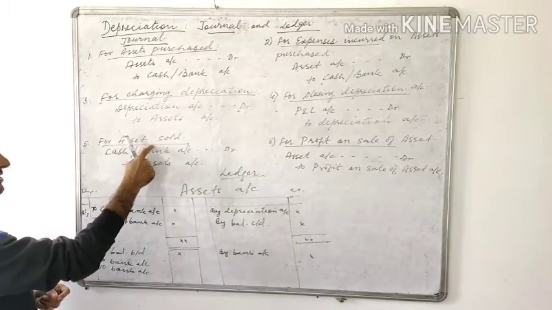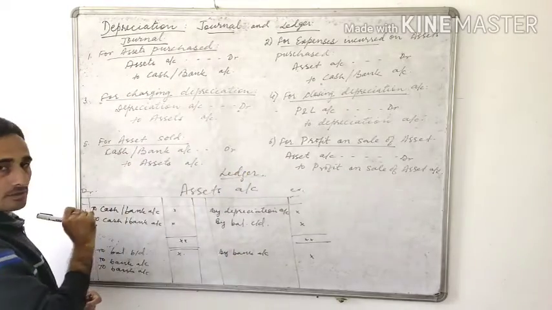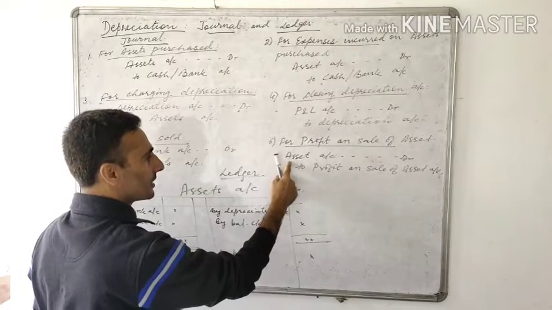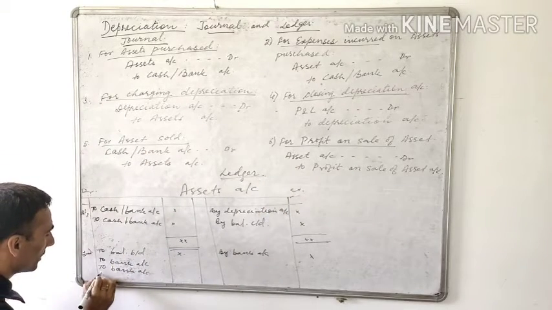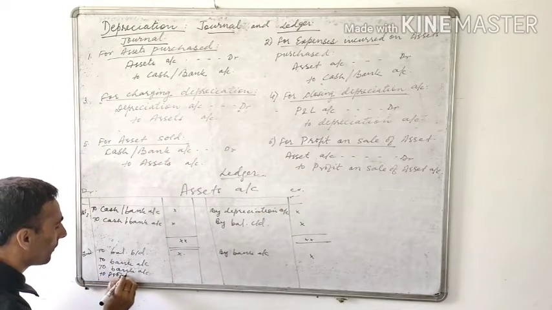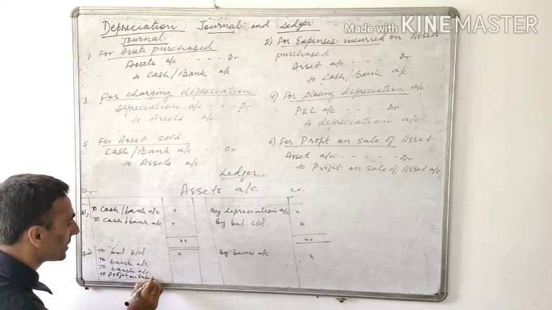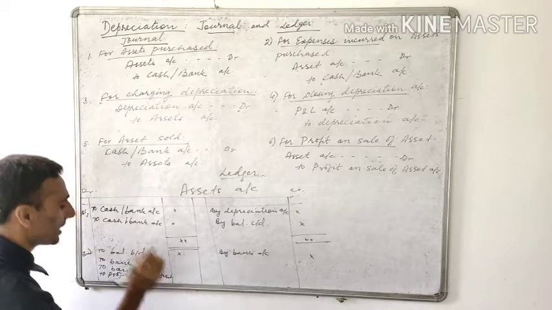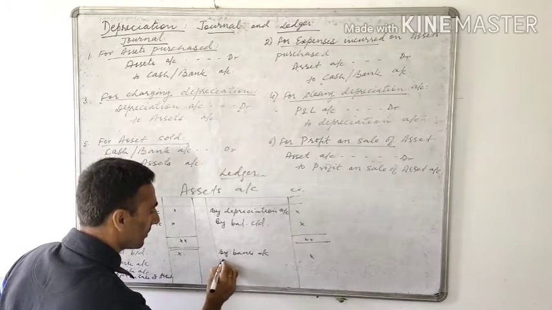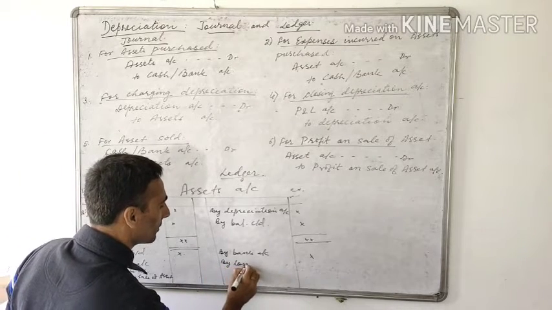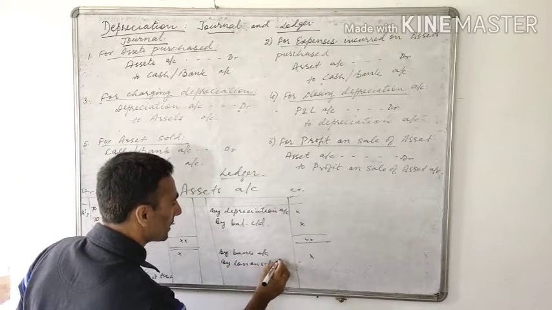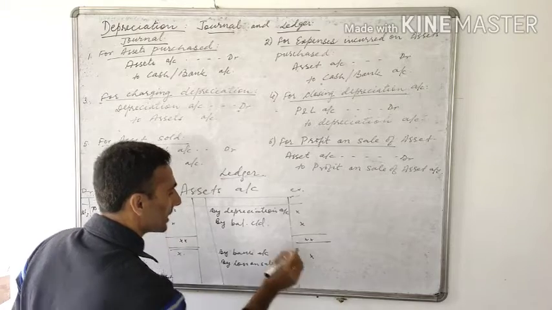Now when the asset is sold, there may be profit or there may be loss. If there is a profit, asset account is debit. So on the debit side, to profit on sale of asset. If there is a loss, we'll make entry this side by loss on sale of asset.